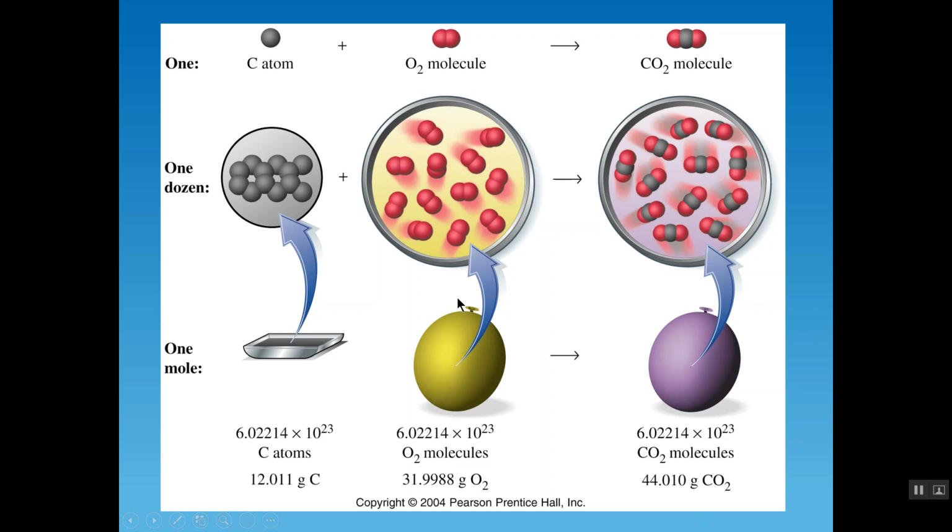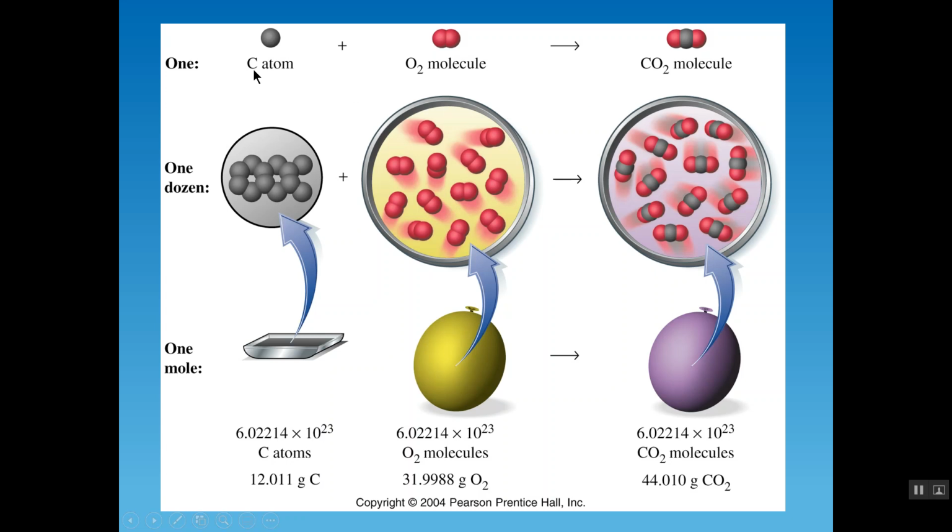Okay, so just to show you the relationship between mole and the number of atoms and the mass of the substances involved, let's look at this reaction here. Very simple reaction, the reaction between carbon and oxygen to form carbon dioxide, all right? So, as you can see, there's a 1:1:1 ratio between the number of carbon atoms, the number of oxygen molecules, and the number of carbon dioxide molecules.